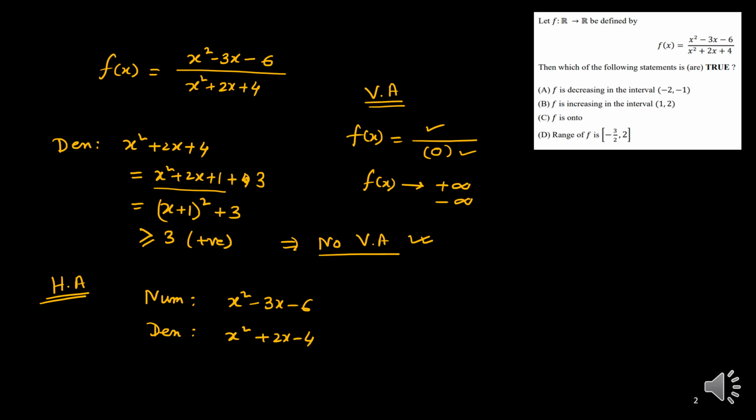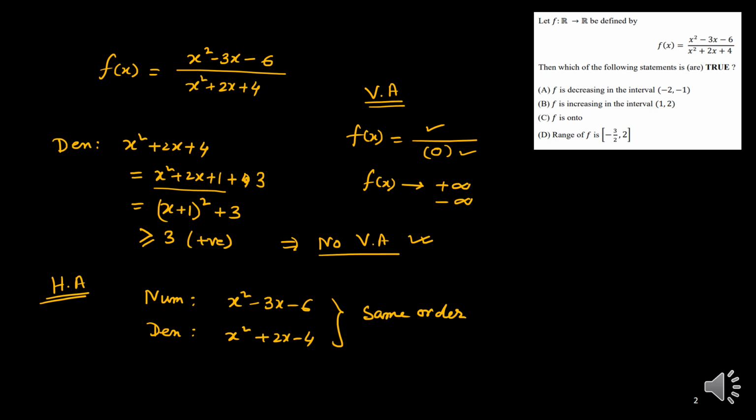You can see the order of the numerator is 2, and the order of the denominator is also 2. Same order. So the numerator is quadratic and the denominator is also a quadratic function.